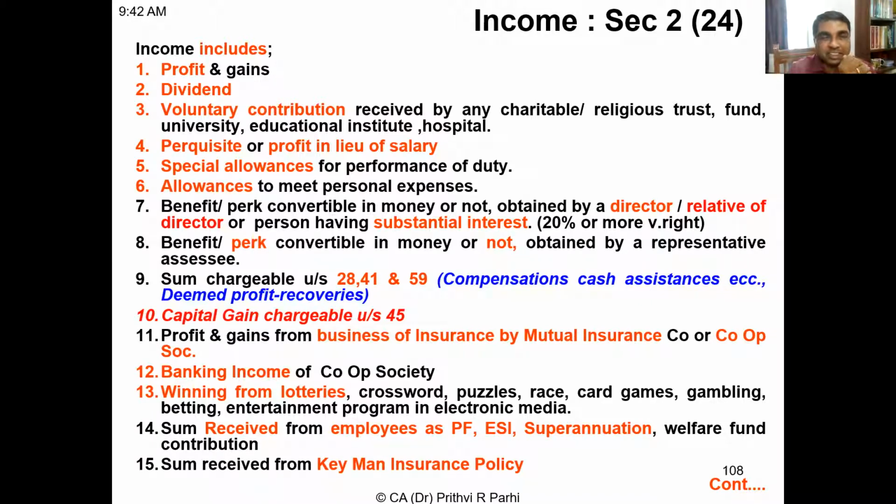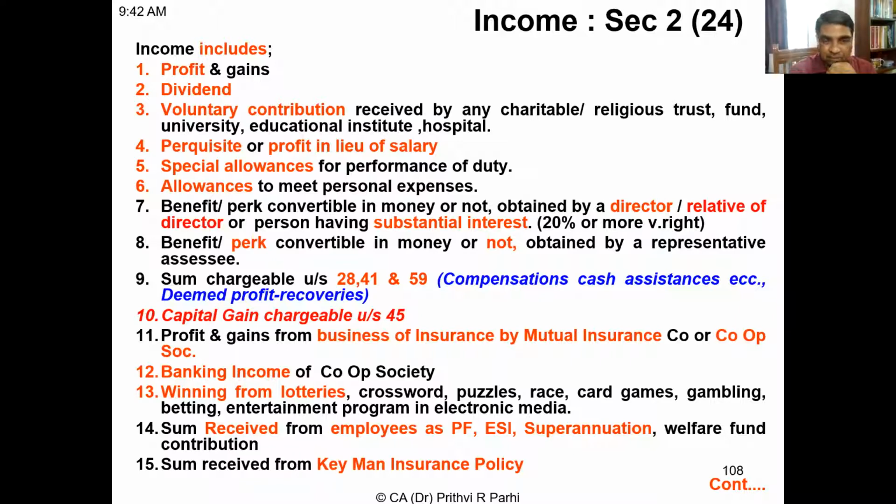When a capital asset is transferred, then capital gain or capital loss arises. If it is a capital gain, it is chargeable as income. First, a capital asset should be there and it must have been transferred. The capital gain earned out of that transfer will be treated as income.